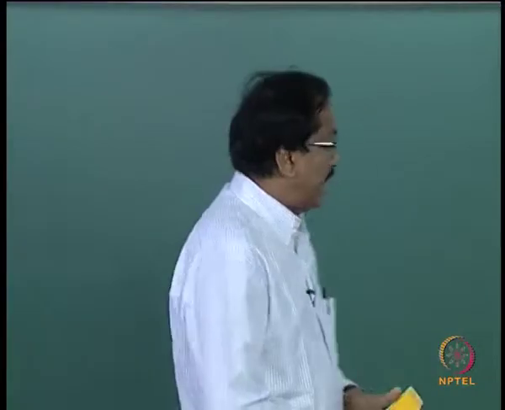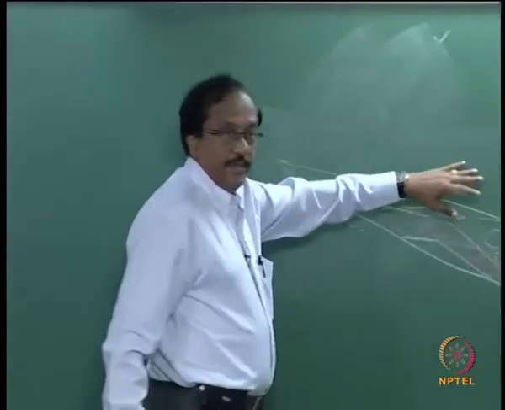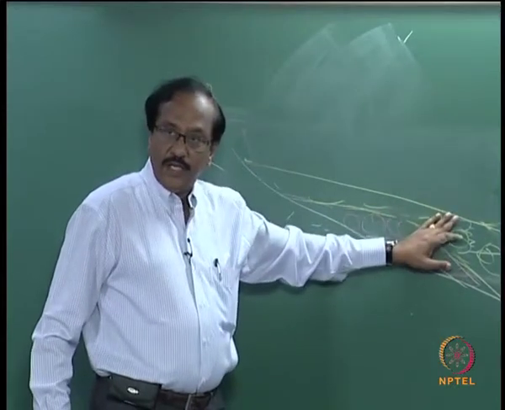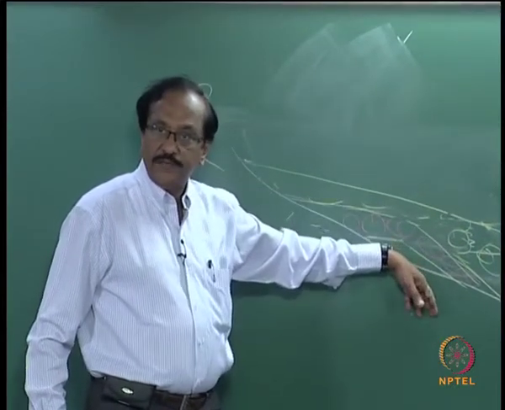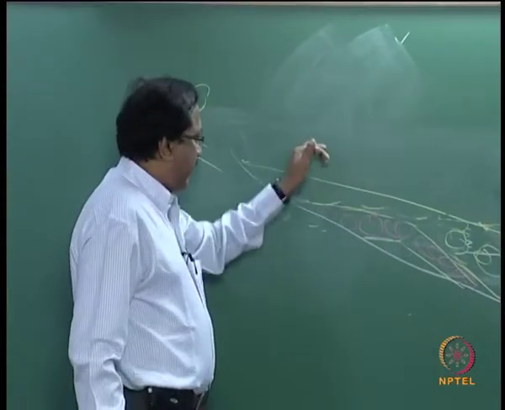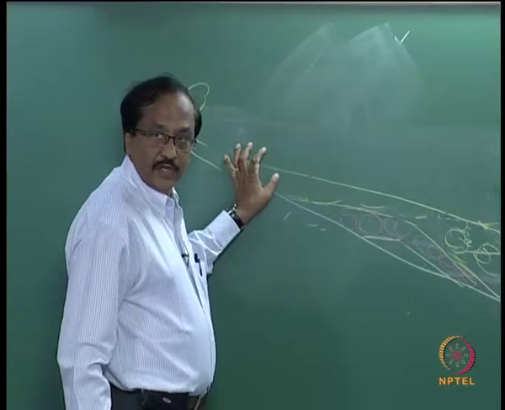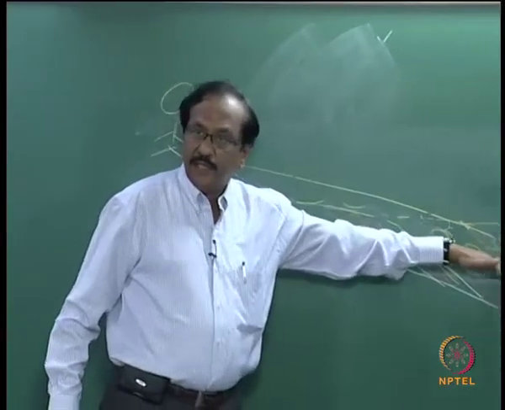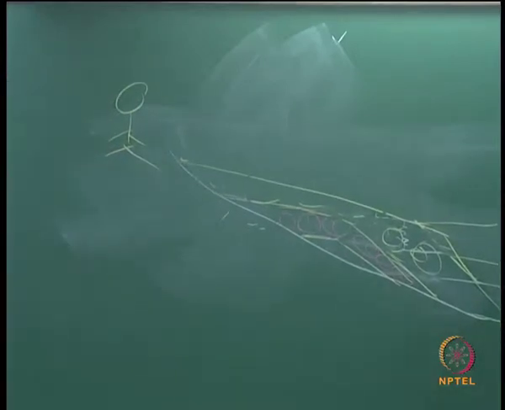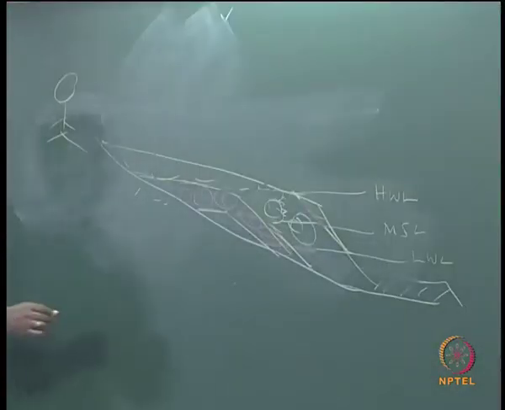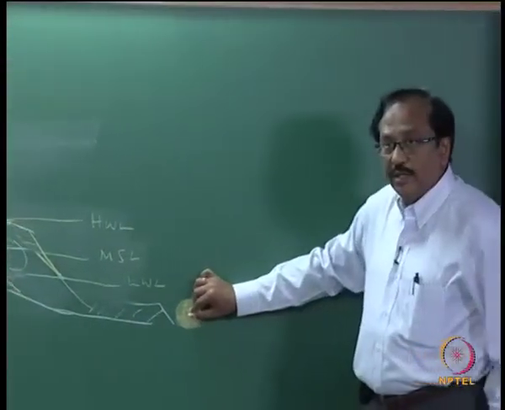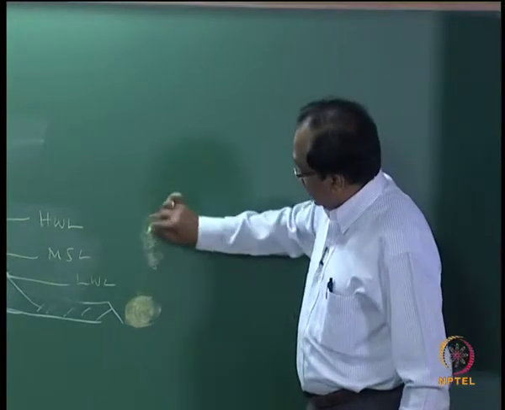So what it would mean is at certain times you may not be able to see the groin at all, it will be submerged during the high tide. Sometimes it will be exposed up to a certain distance from the shoreline, beyond which it will go down. The sand can be moving in this direction as a bed load or as a suspended load.